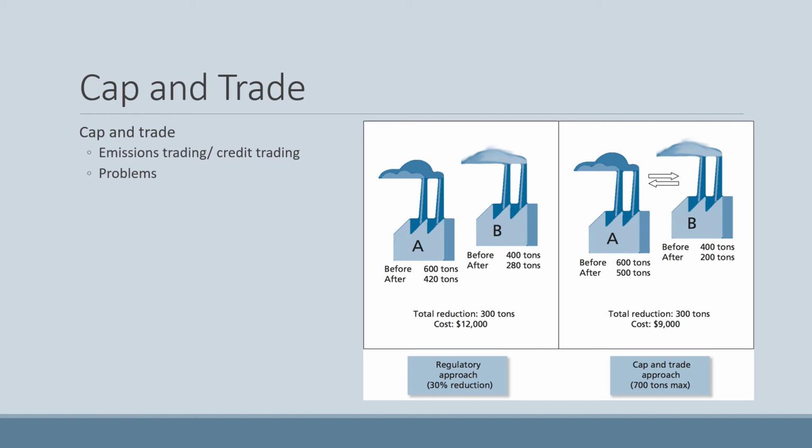Because company B has actually reduced its emissions quite a bit. Company A has maybe reduced a little bit, but they haven't reduced that much. So local pollution near company A still remains high, okay? It does not necessarily address the issue of determining how much pollution should be allowed in the first place. Again, geographically, especially if we're looking on a very large scale, one location is reducing while one is not.